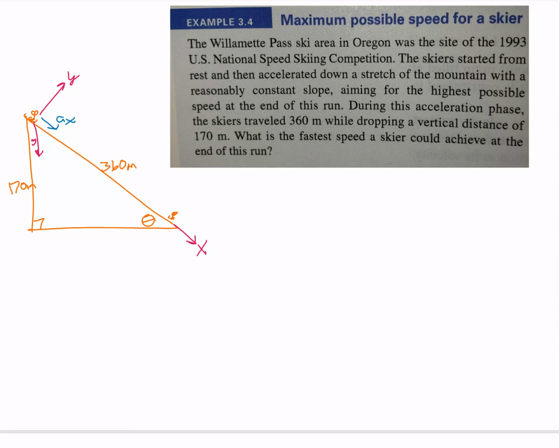Okay, and so then A sub Y would complete this right triangle right here. There's your right triangle. And where is the angle theta in this? Top left.